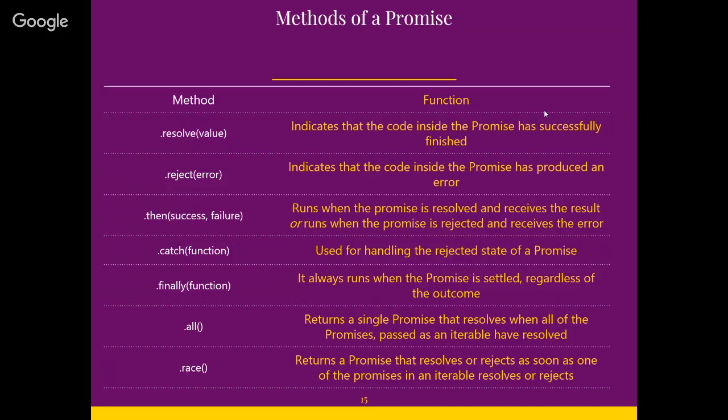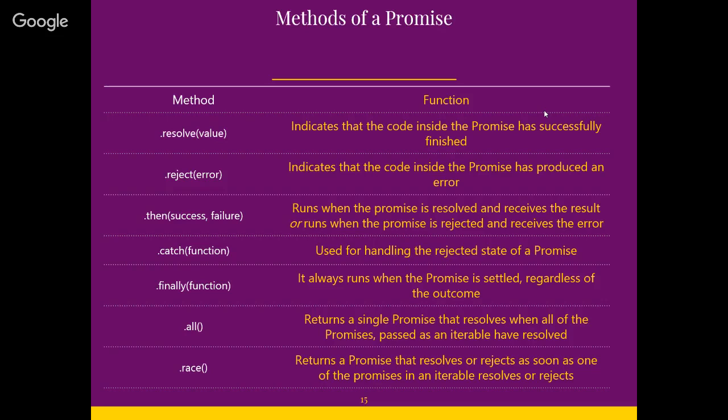We're going to take a look at one of them in more detail, and that's the catch method. It has to do with error handling, which I've separated into a separate topic because I think it's noteworthy. So first up, we have the resolve method.